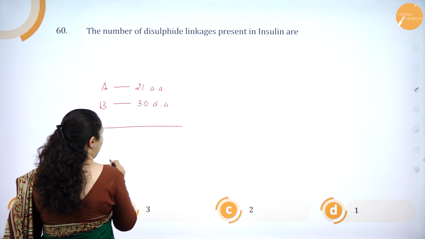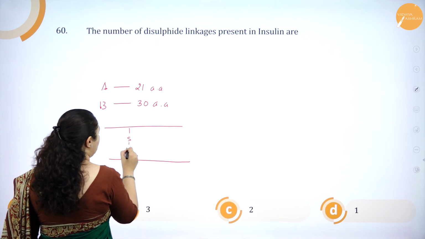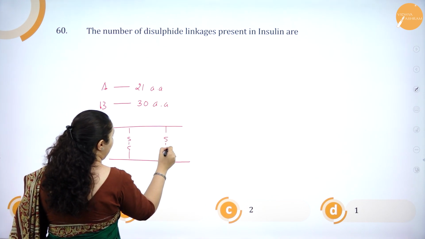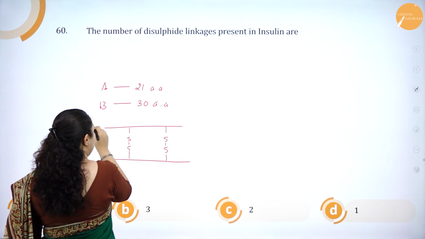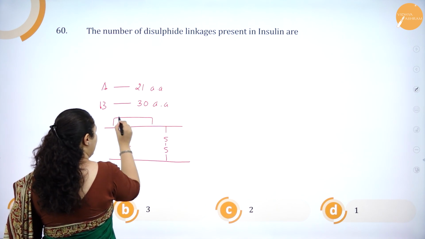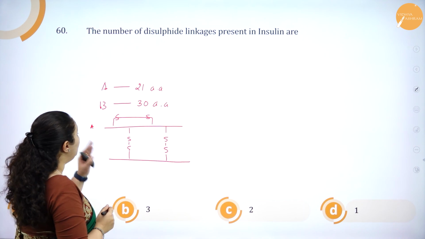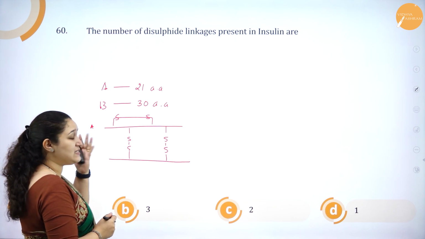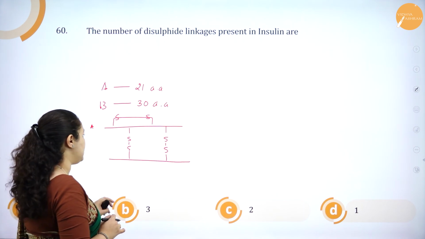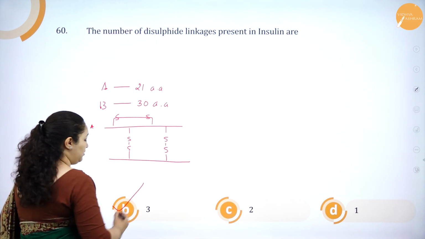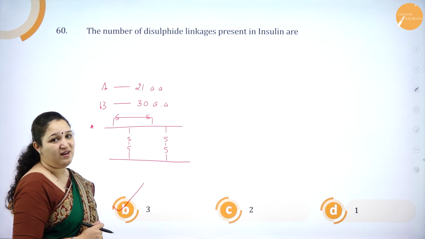Between the A chain and B chain, there are 2 disulfide linkages, and within the A chain only, there is 1 disulfide linkage. So they are asking the number of disulfide linkages present in insulin. Totally how much is present? It is 3. So option B is the correct answer.